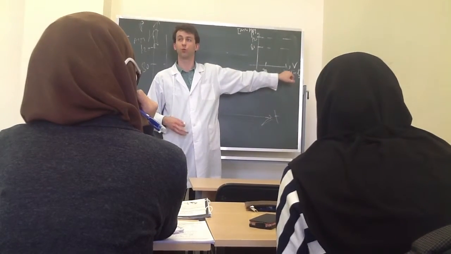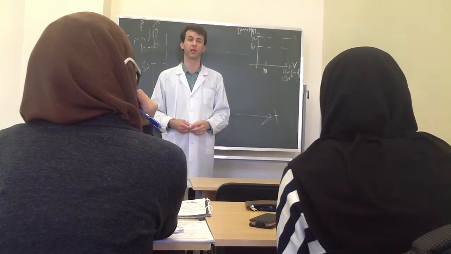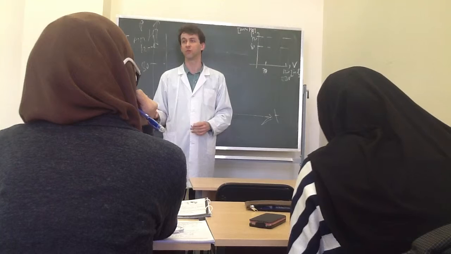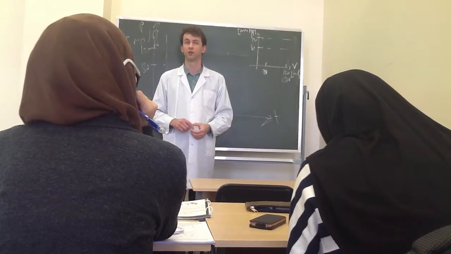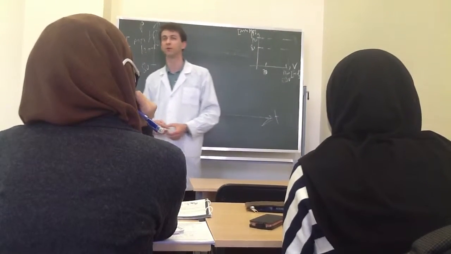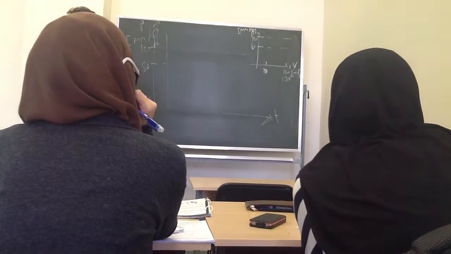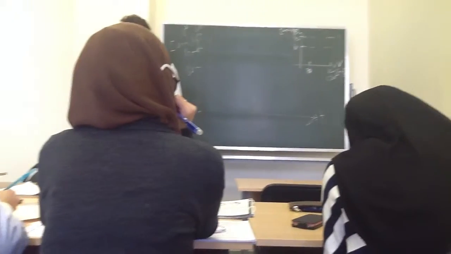So now the second question: what's the pressure of this blood in the left ventricle at the end of diastole? 80 millimeters of mercury? Where from? That is high pressure. Where from? Ventricles are relaxed. Which pressure may be in ventricles if they are relaxed?